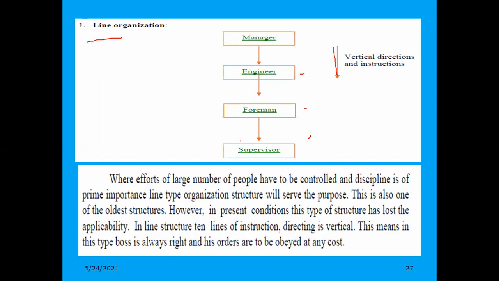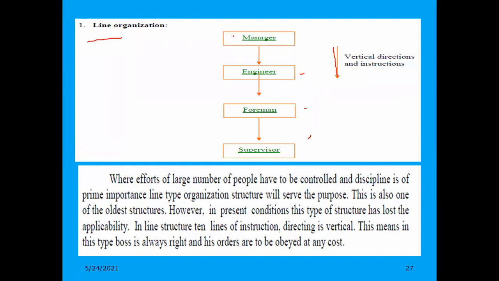Then this person will not give any feedback to this person. This person should not call in any manner to the higher level official. Just like autocratic type, whatever the ruler says, the worker has to do.